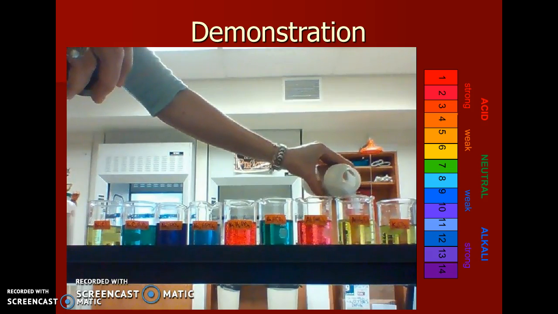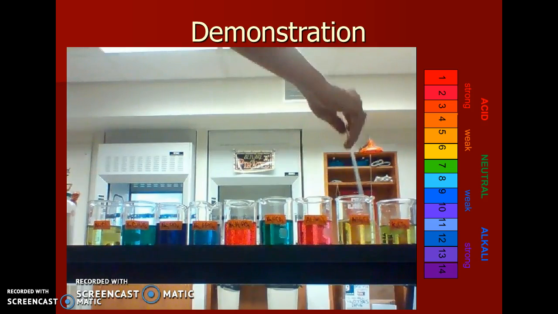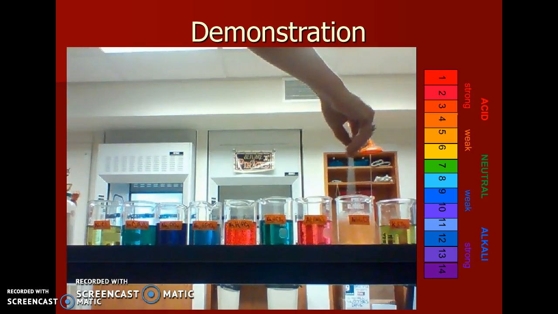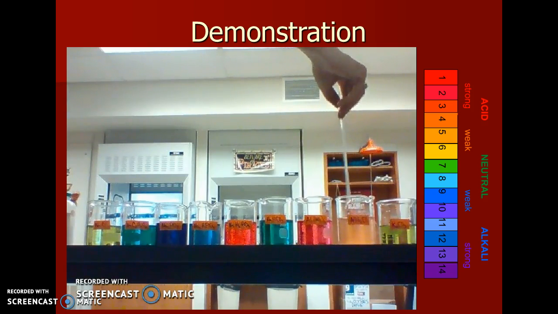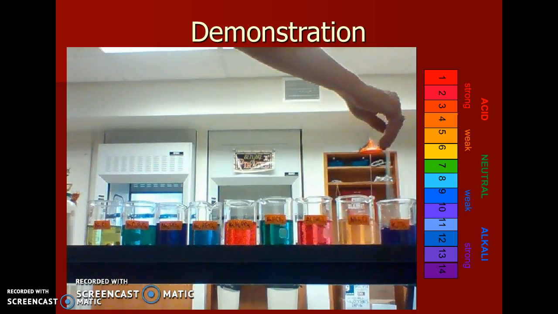Ammonium chloride, a slight shift here, again to the acidic side, probably somewhere between 5 and 6. And into the final beaker, some potassium carbonate. Gorgeous purple color.